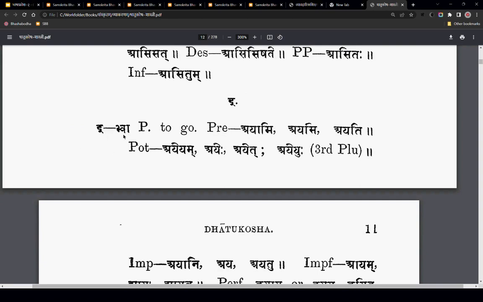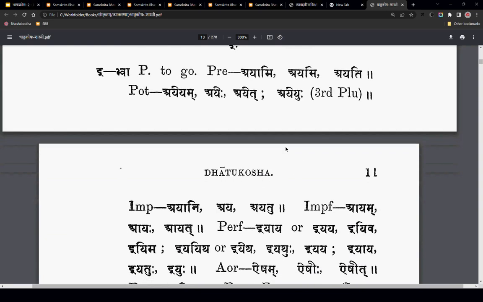Like one e is Bhvadigana, the first gana, like gachati, gachatah, gachanti. It is Parasmaipada. It takes the form ayati, simple. Ayati, ayatah, ayanti, not iyati, ayati. The dhatu is e, but the forms, rupas, are like ayati, ayatah, ayanti.